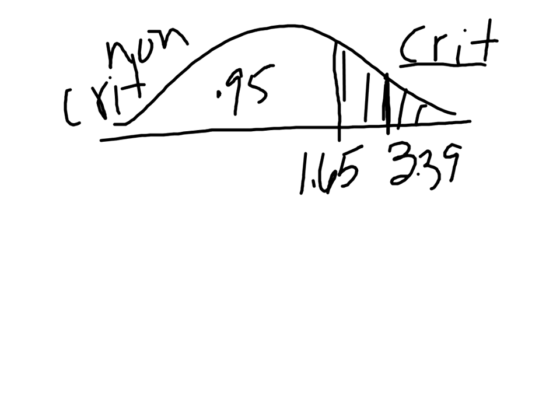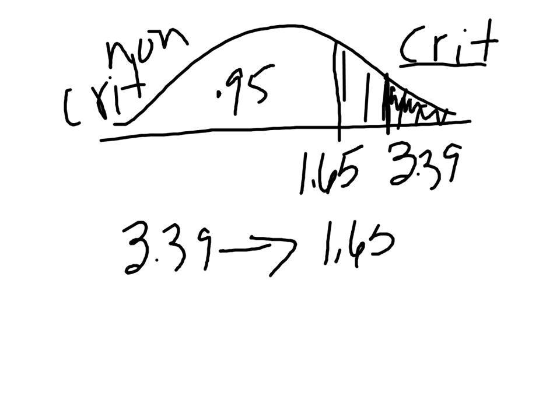Well, that is well beyond the 1.65 that is our critical value. I'm sure you'll agree that 3.39 is greater than 1.65. We're much further into that right tail with 3.39.